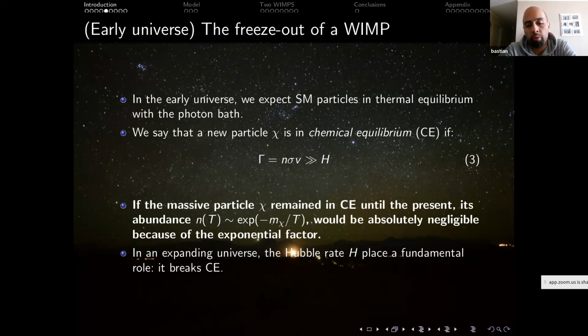But when we introduce a new particle, chi, that would be the dark matter, we say that this was in chemical equilibrium with the rest of the particles at high temperatures, meaning that the rate of interactions of it with the rest of the plasma was much higher than the Hubble expansion.